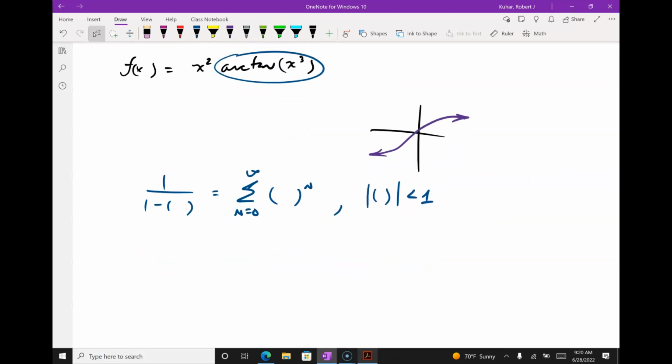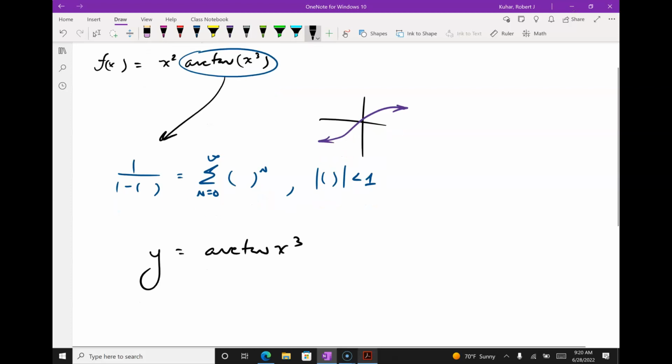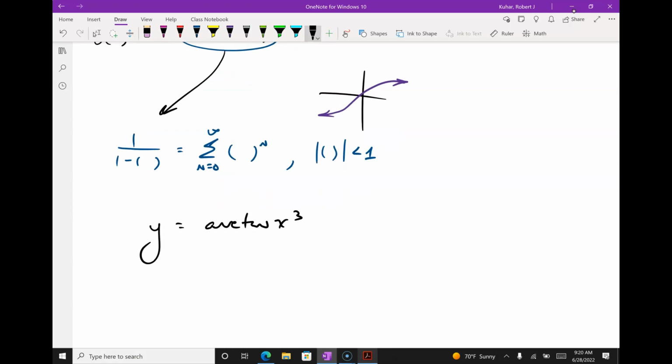So watch what I'm going to do. I think I can just work on the arctan piece. So I'm going to say y is arctan of x cubed. And then I'm going to take a derivative. So y prime is 3x squared over 1 plus x to the 6th.